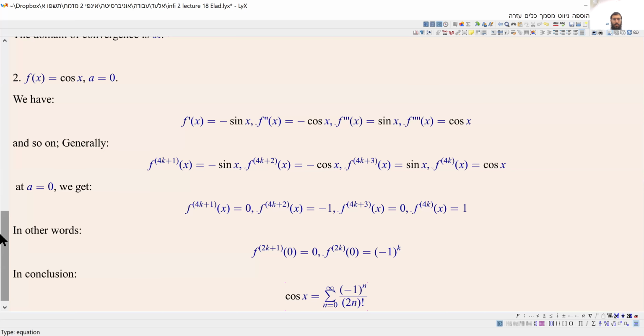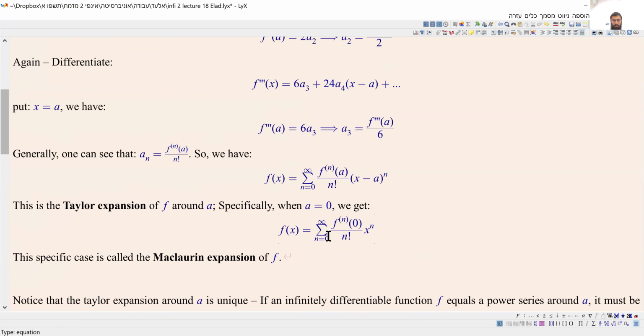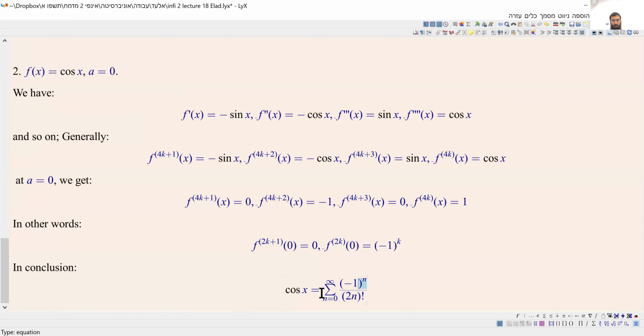I mean, you can write, let's do it slowly and steadily. This is generally the general Maclaurin expansion. Now we can write it down as the sum of the odd parts and the sum of the even parts.